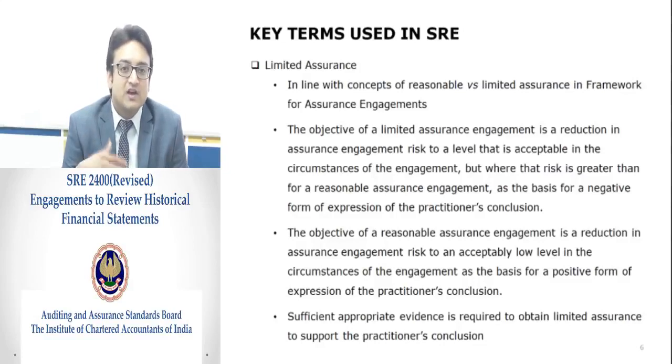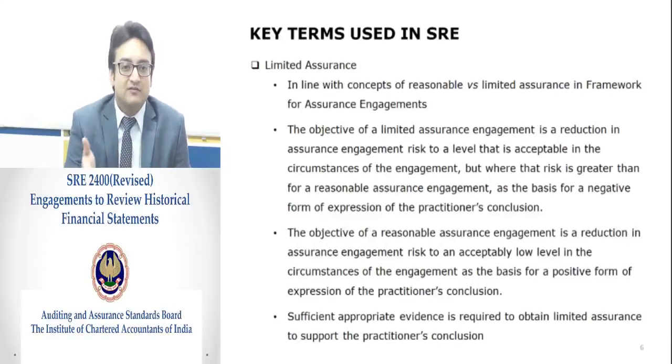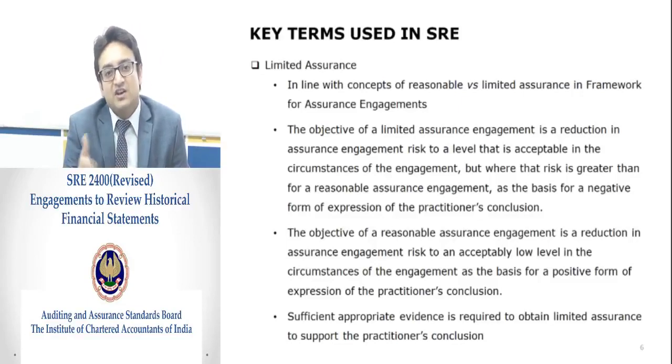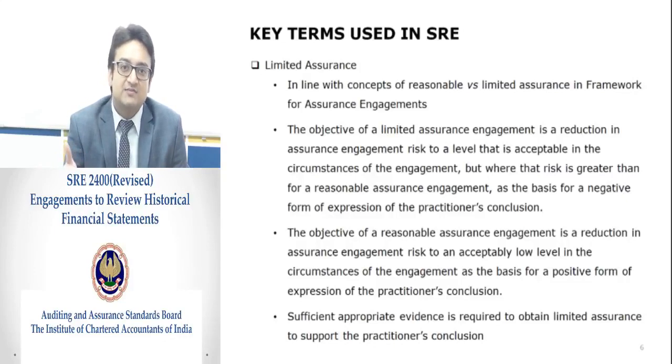The conclusion paragraph starts like, nothing has come to our attention that causes us to believe that the financial statements or the information were not prepared in all material respects as required by the applicable financial reporting framework. So this is how the conclusion of a limited assurance engagement looks.